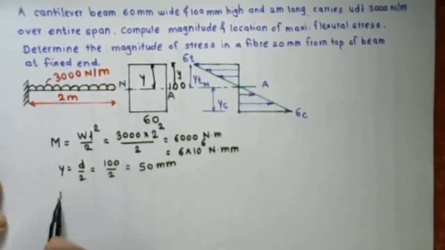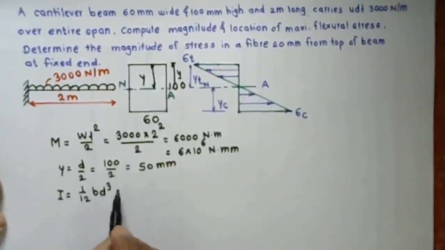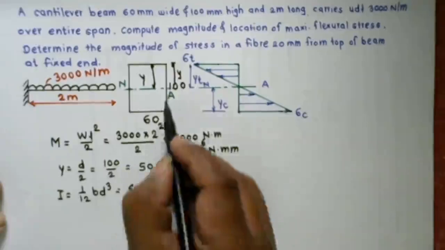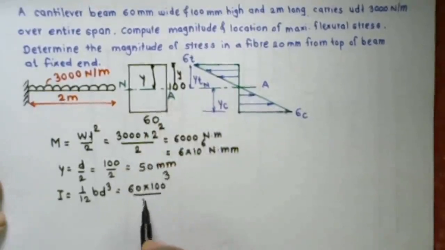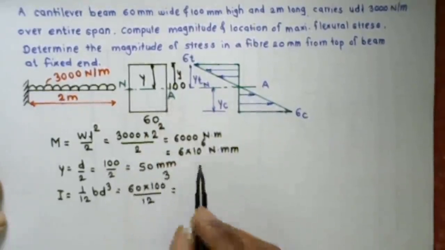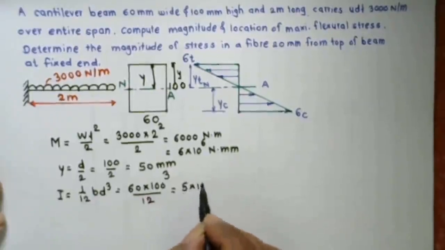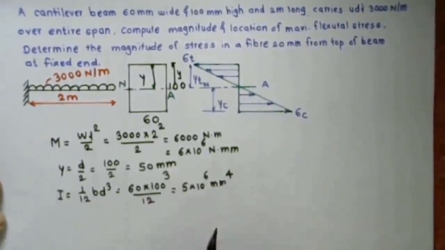The moment of inertia for the rectangular section is 1 by 12 B D cube. The width is 60 and depth is 100, so 60 into 100 cube divided by 12. So the moment of inertia about the neutral axis becomes 5 into 10 raised to 6 mm raised to 4.